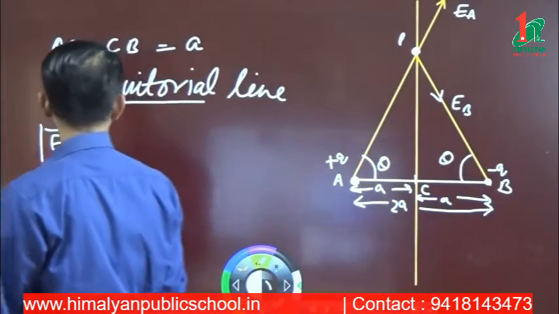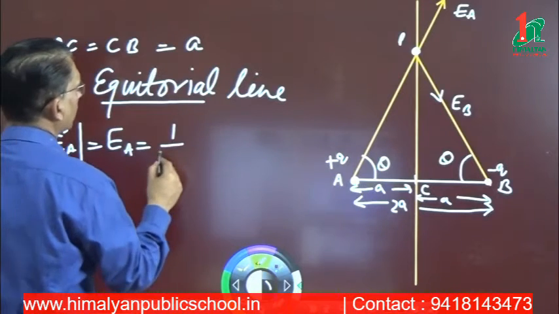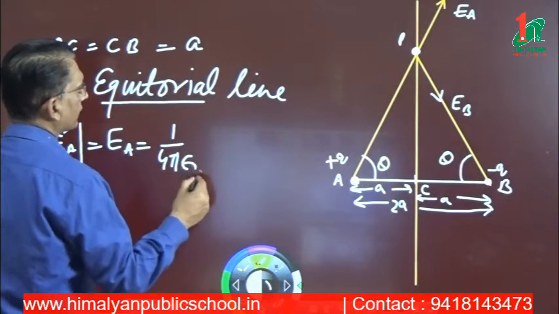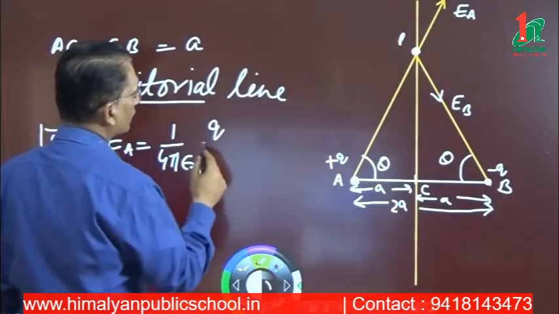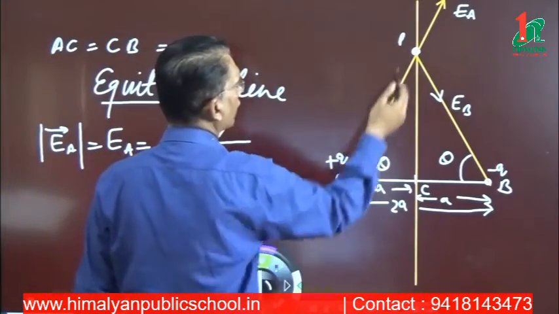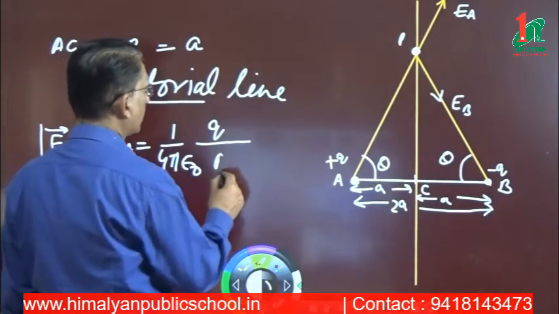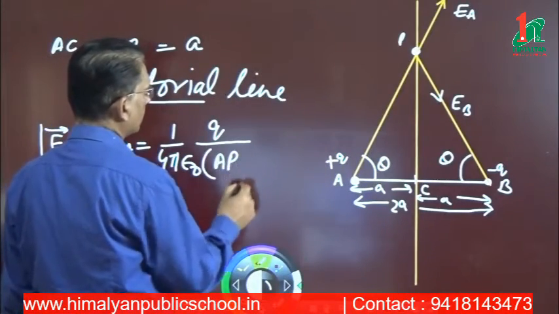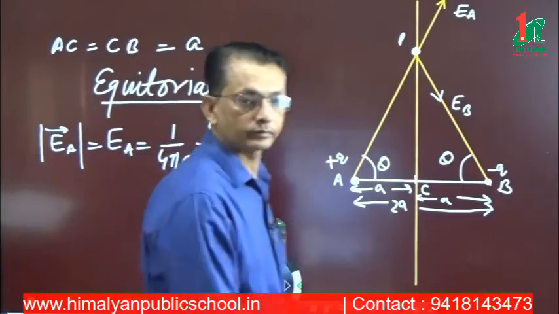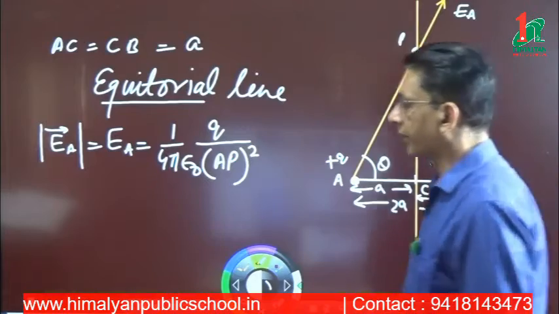And we will write this as EA, which is 1 by 4 pi epsilon naught, magnitude of the charge, and the distance between charge and point of observation, which is AP, square.